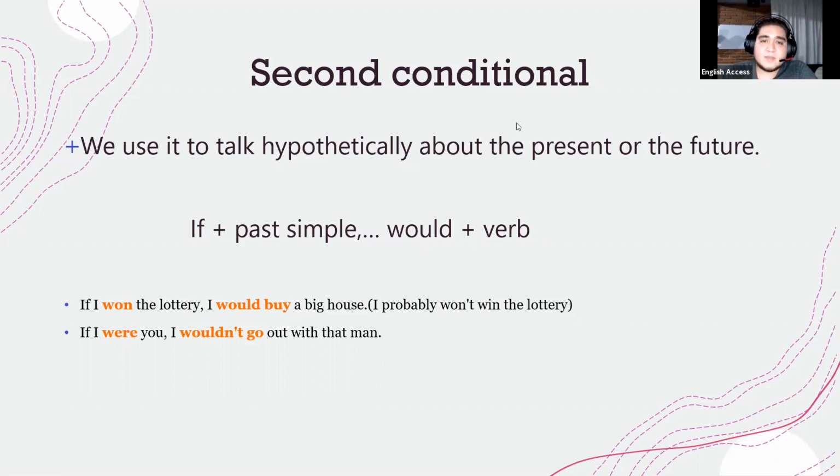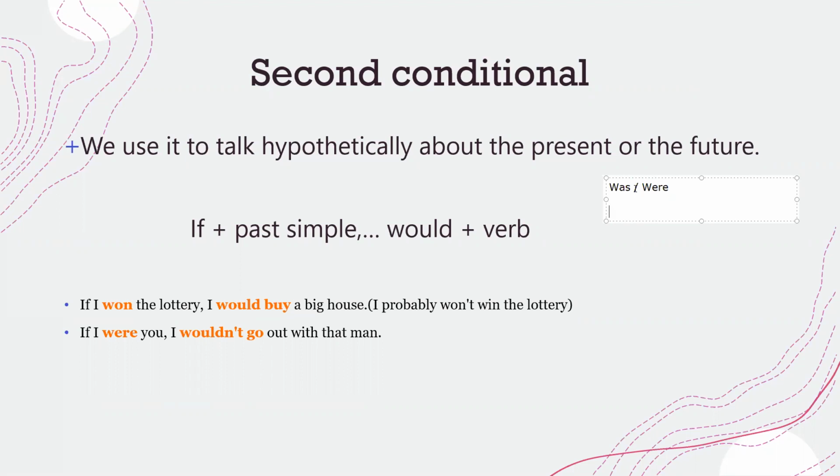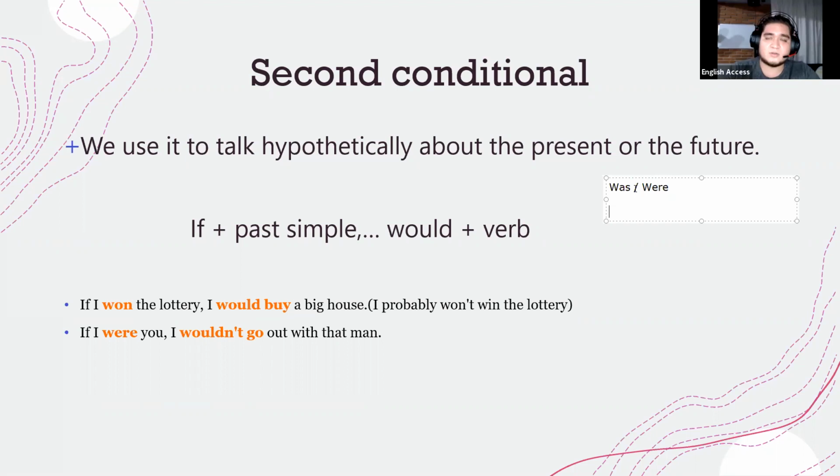Perfect. And something interesting happens here. Remember that was and were are the past for the verb be, right? Now, in hypothetical situations, or more specifically for conditionals, was and were follow a different set of rules.